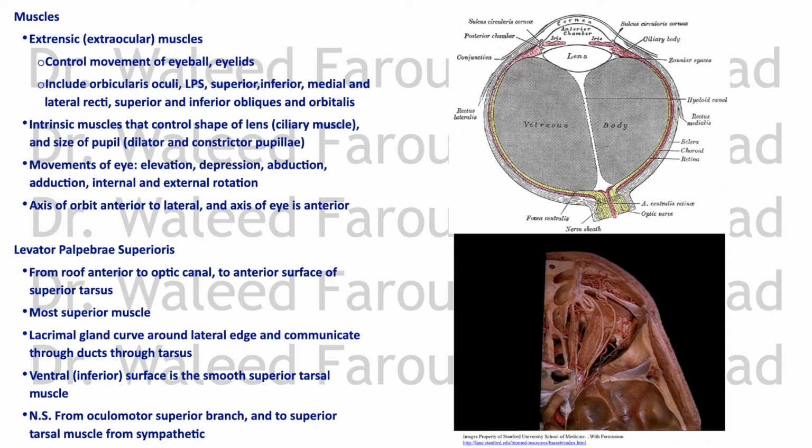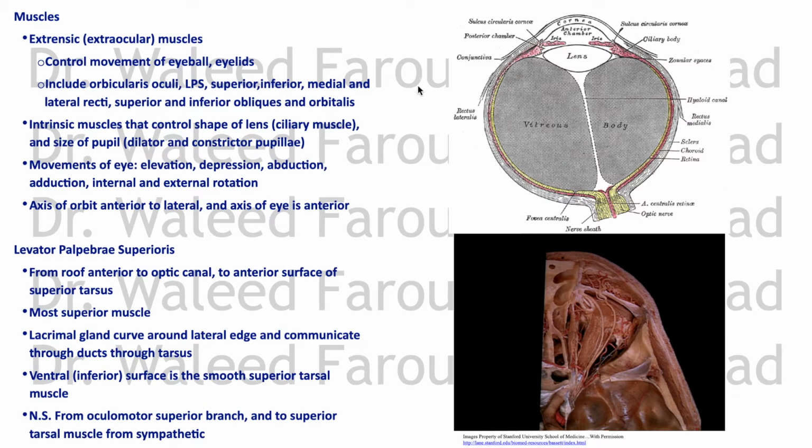And intrinsic means the inside muscle, inside the globe, that control the shape of the pupil, like the constrictor pupillae muscle, like the dilator pupillae muscle in the iris, like the ciliary muscle that controls the size of the lens in the accommodation reflex.